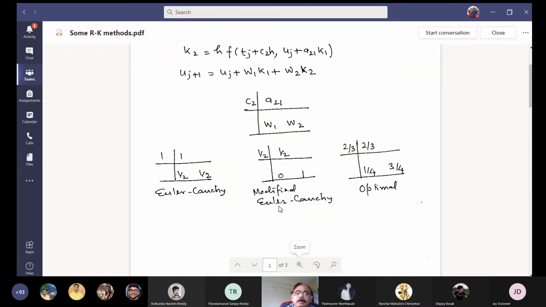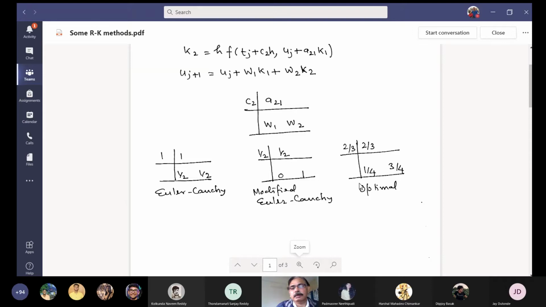And then the modified Euler-Cauchy method is that we have C2 as half, A21 as half, and then W1 is 0, only W2 is there, means only 1 is there, with your K2. And then optimal, you have already seen that C2 is 2 by 3, A21 is 2 by 3, and then 1 by 4 and 3 by 4 are your W1 and W2.